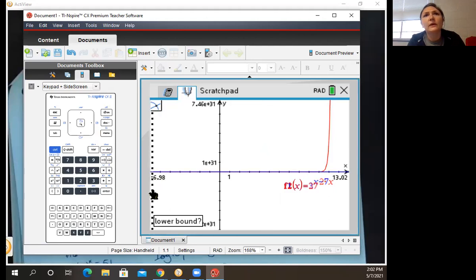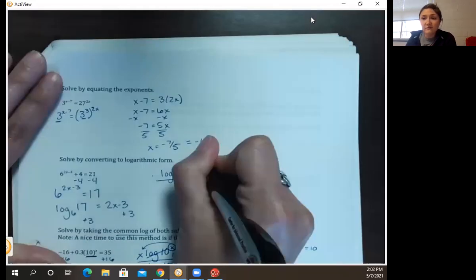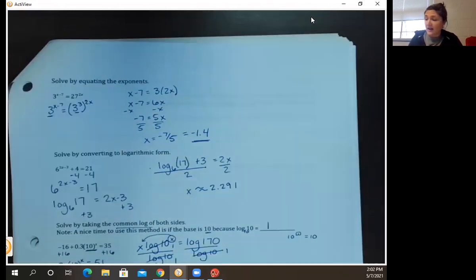I'm not sure exactly where. So let's just do that entire region. I'm zoomed out so far that I'm just going to shade that whole huge region. And there's our intersection, negative 1.4 from our graph. If I check the work I did, negative 1.4. You can always check your algebraic solutions with your graph.